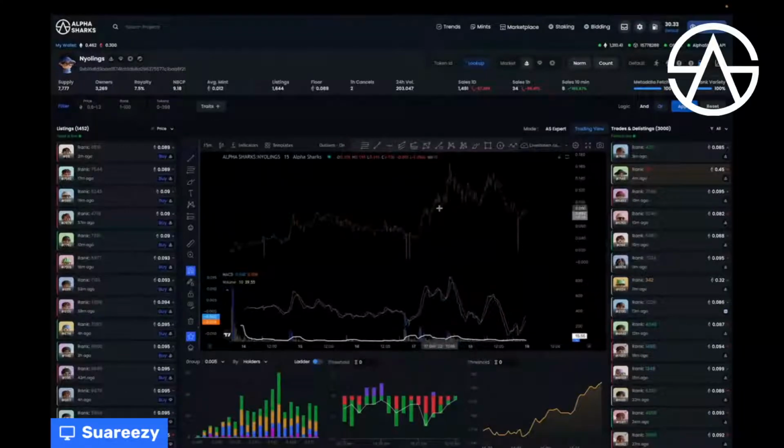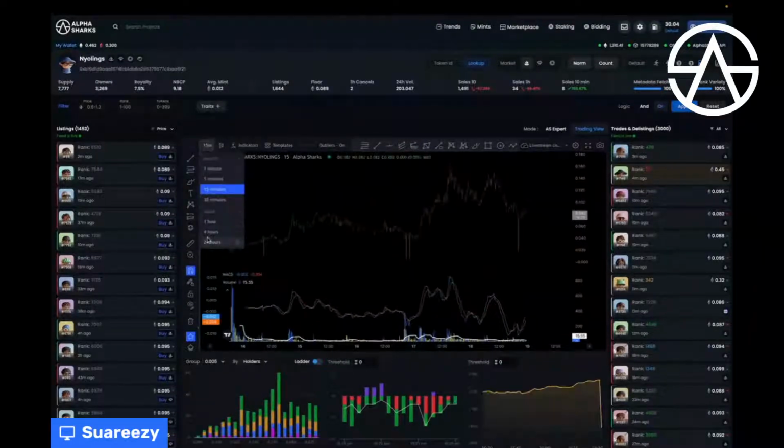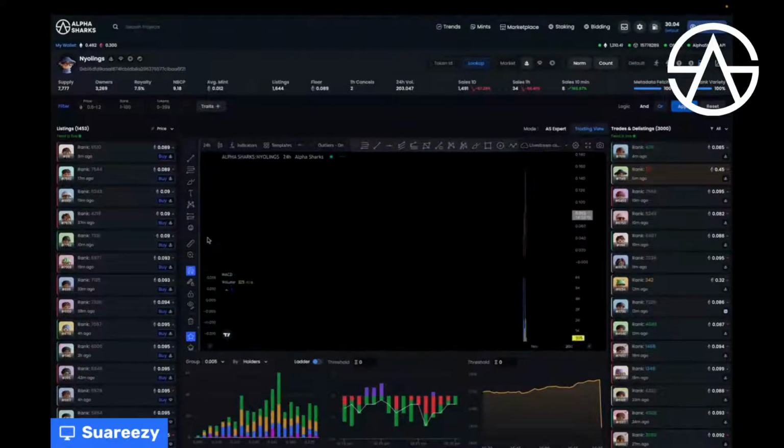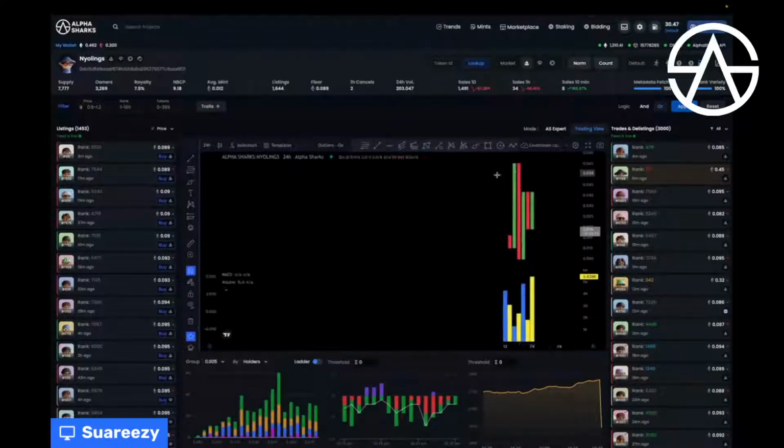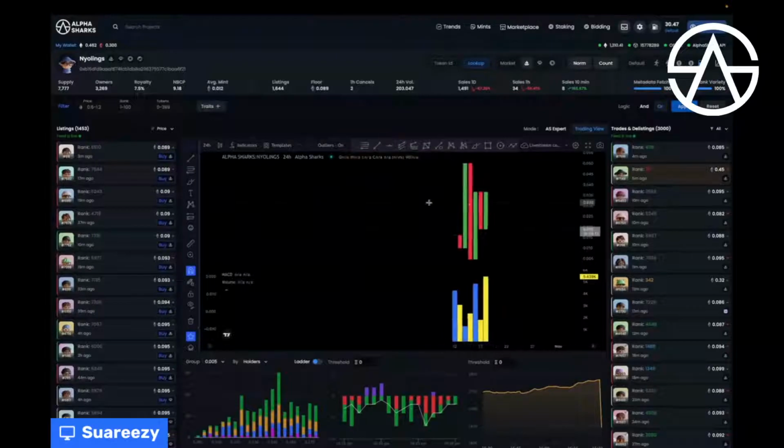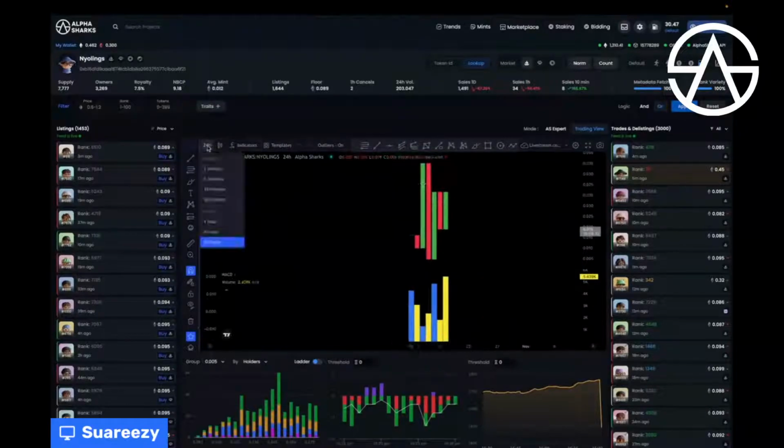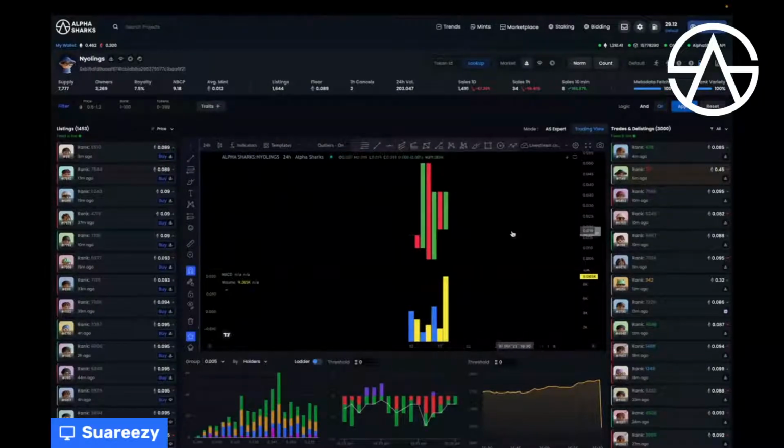I think candlesticks display a better picture of what's actually happening. A few people actually have issues with illiquidity when seeing the candlesticks, so we're going to go over how to break that down.